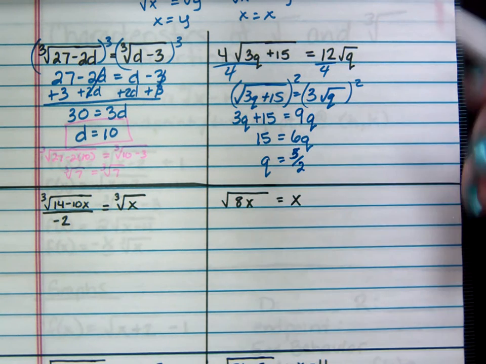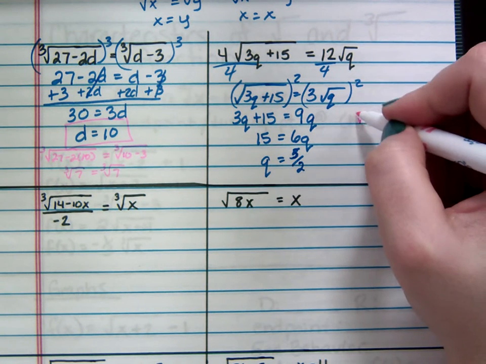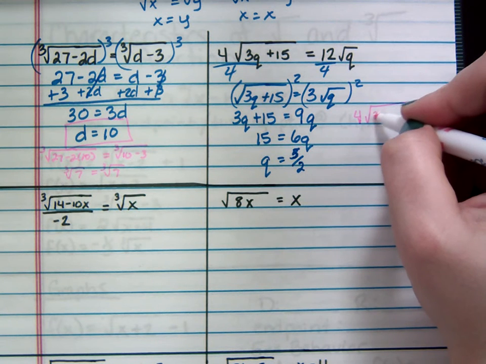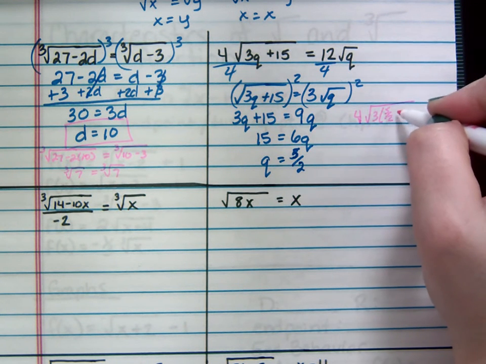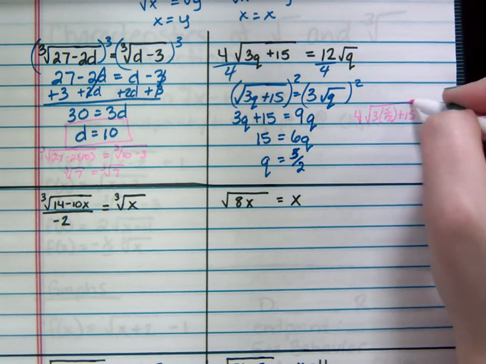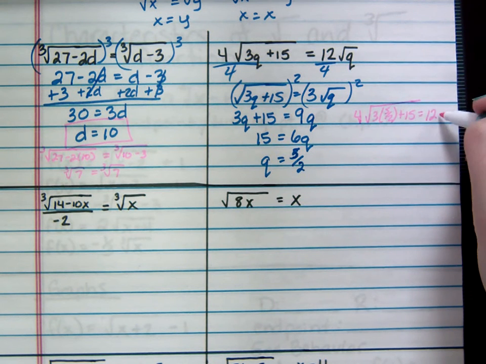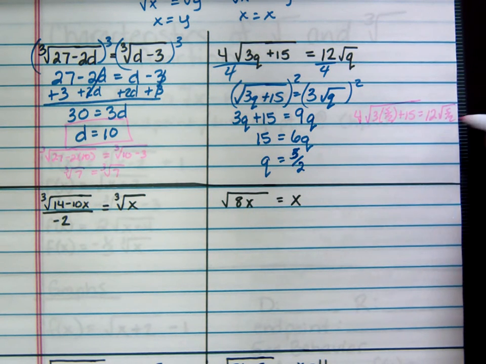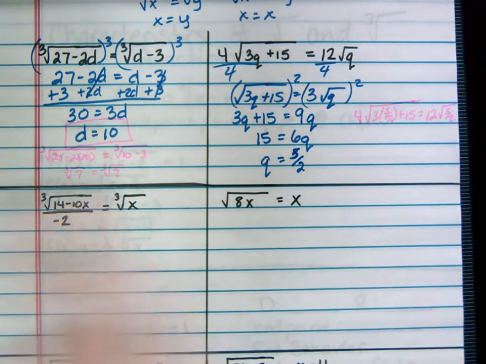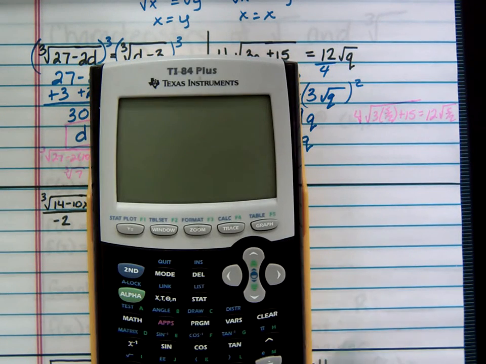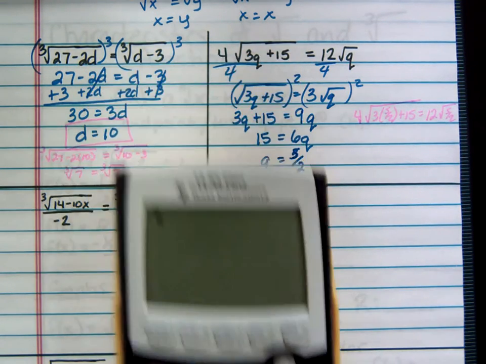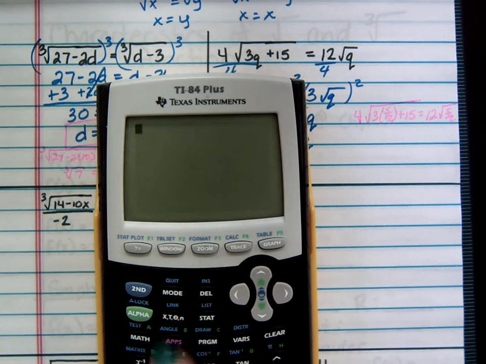Now, you have to check yourself. So 4 times the square root of 3 times 5 halves plus 15 equals 12 times the square root of 5 halves. Now, this one, I can look at this side and tell it's not going to divide evenly. So what I tend to do when I go to check myself on these is I just do it this way.